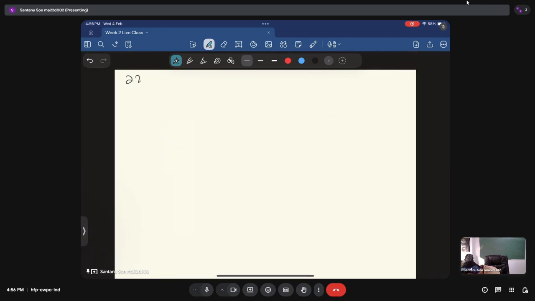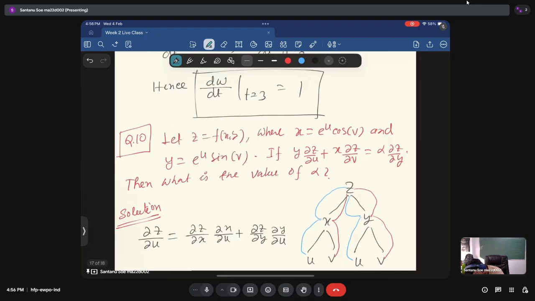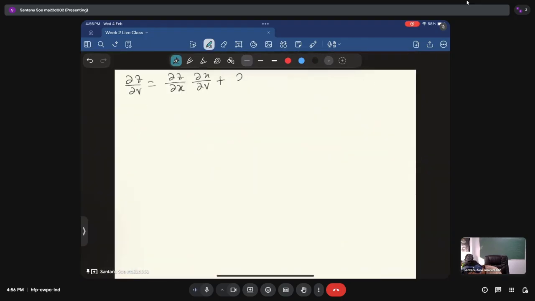Similarly, del z del v is del z del x into del x del v plus del z del y into del y del v.